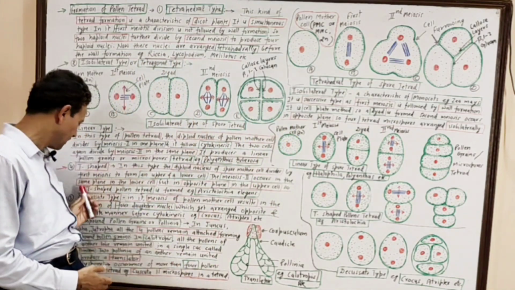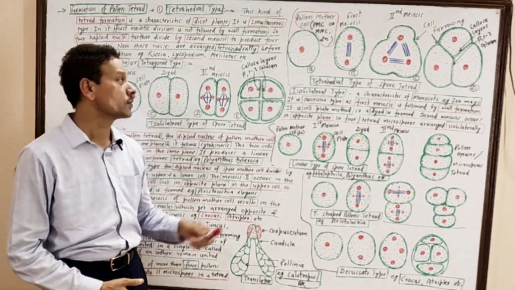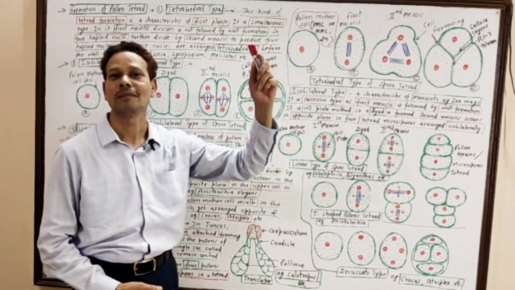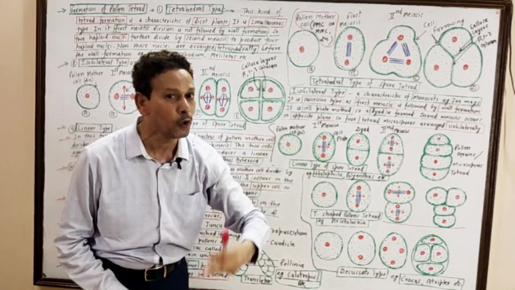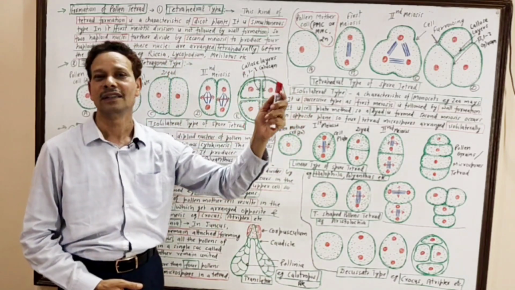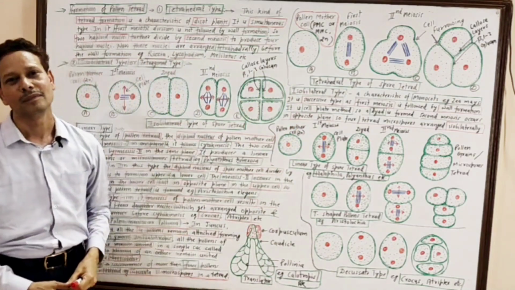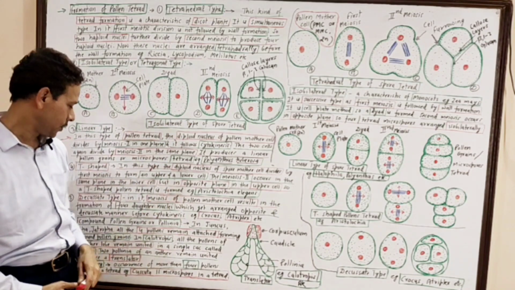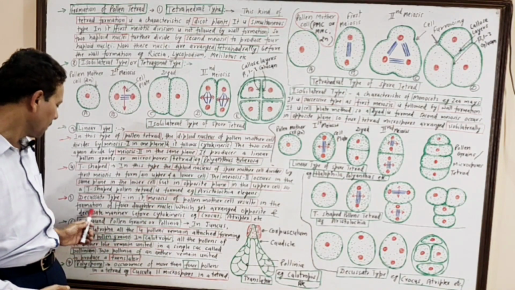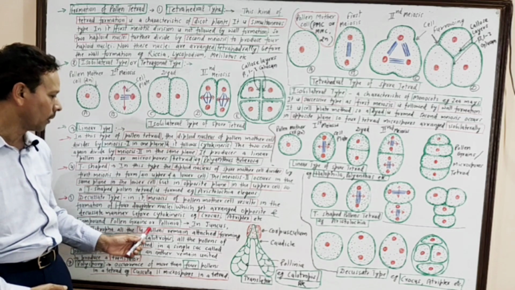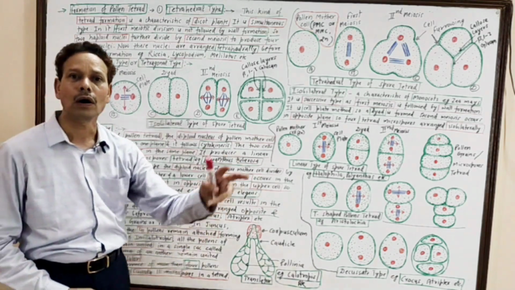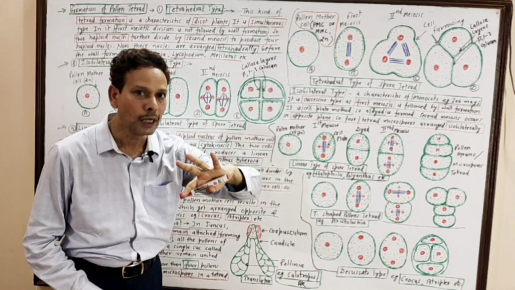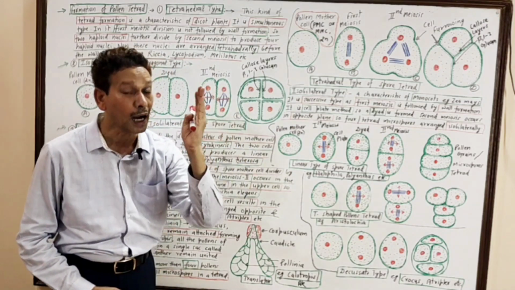But in these compound pollen grains, all four pollen grains, four microspores, remain united. That is a compound pollen, that is a compound tetrad. Examples: Typha, Jatropha, Juncus. All pollens of a tetrad remain attached.